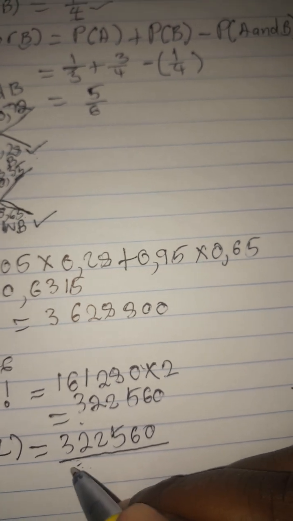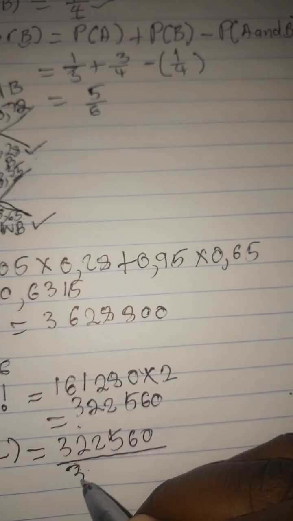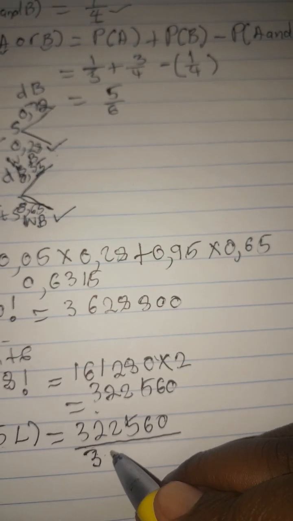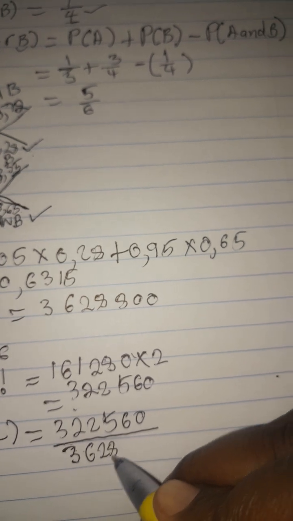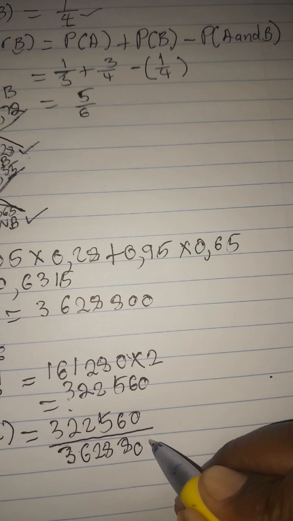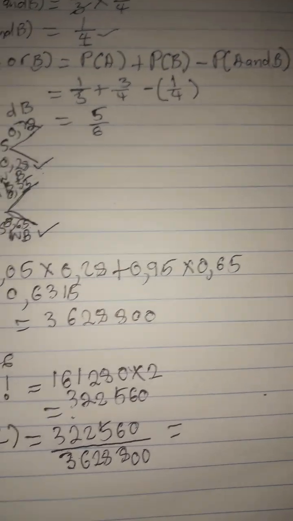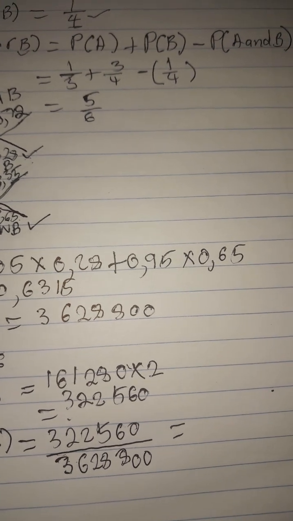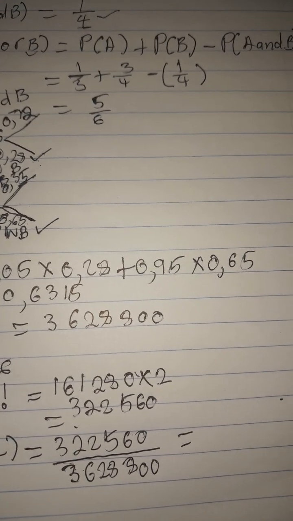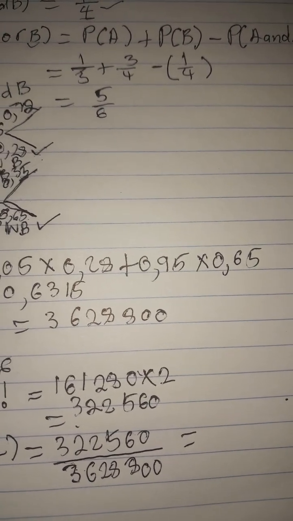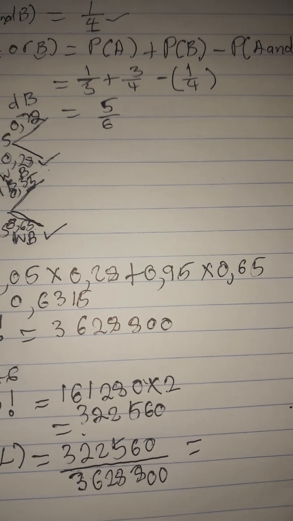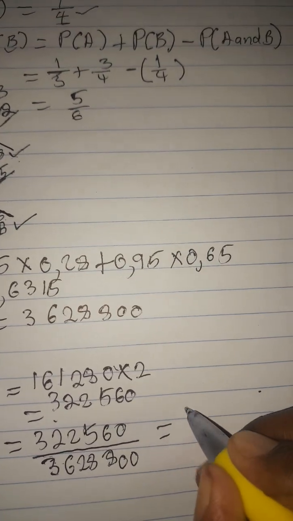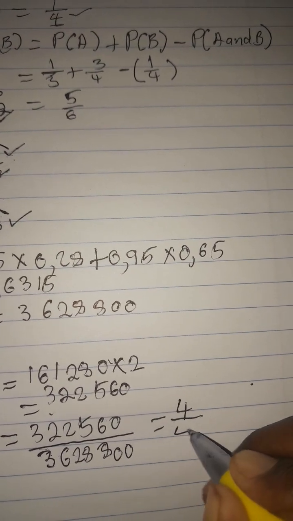There were 10 factorial possible outcomes, which we got as 3,628,800. So let me punch that in. Divided by 3,628,800, what am I getting? I'm getting 4 over 45.